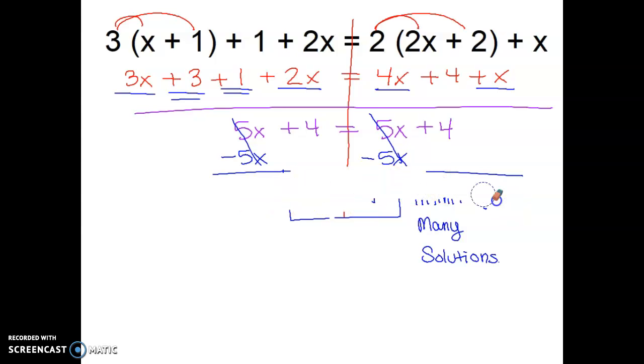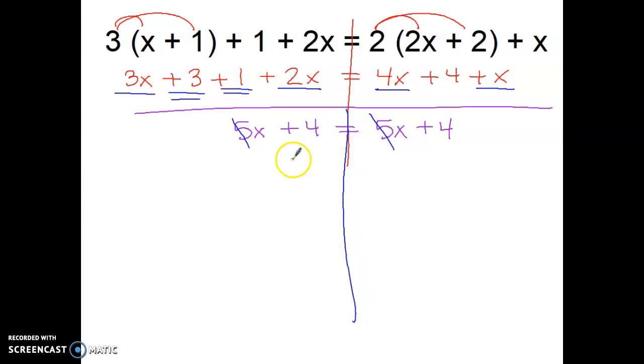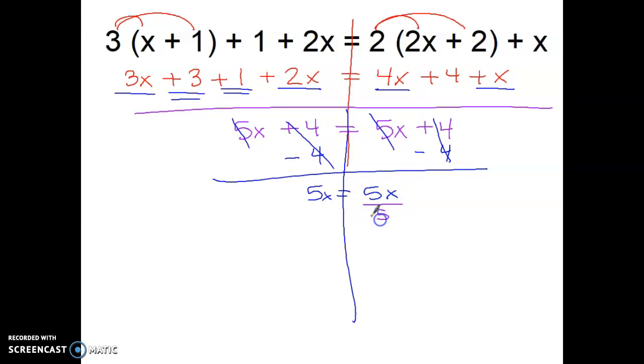I want to show you how that actually works. If you think about it, had we not combined the variables first, so let's pretend like both of those 5x's are still there, and we chose to actually eliminate the 4's. So we're left with 5x is equal to 5x. Well, in order to get our variable by itself, we're going to divide each side by 5. So x is equal to x.